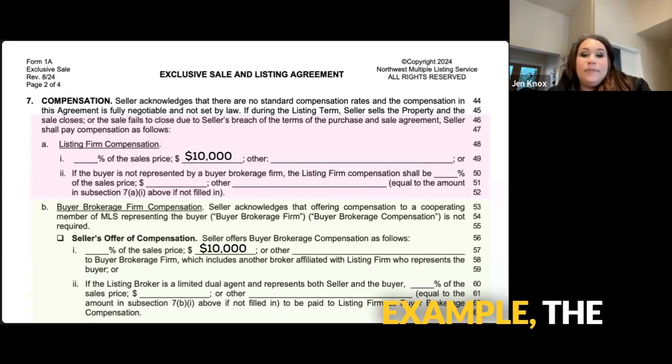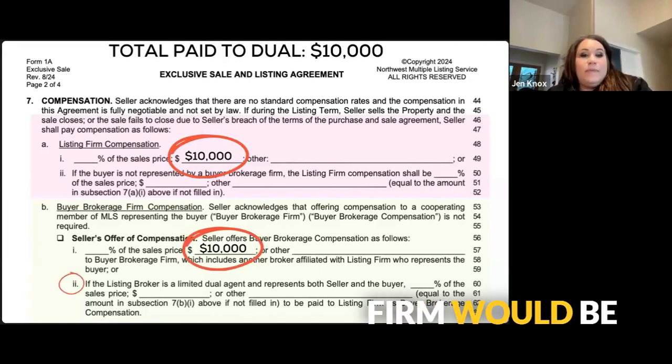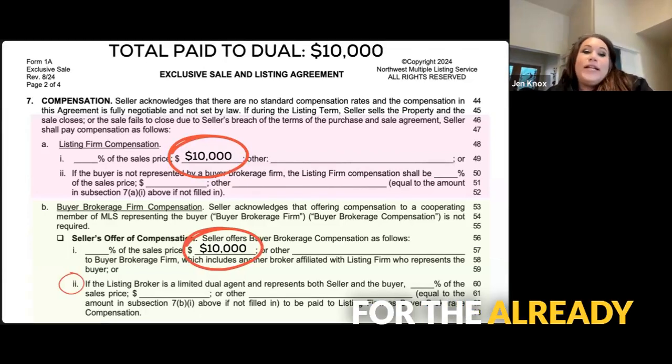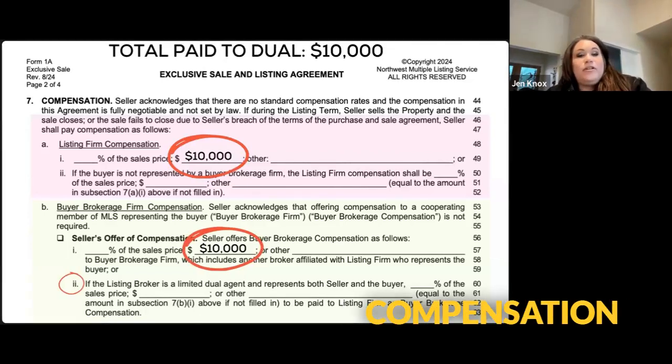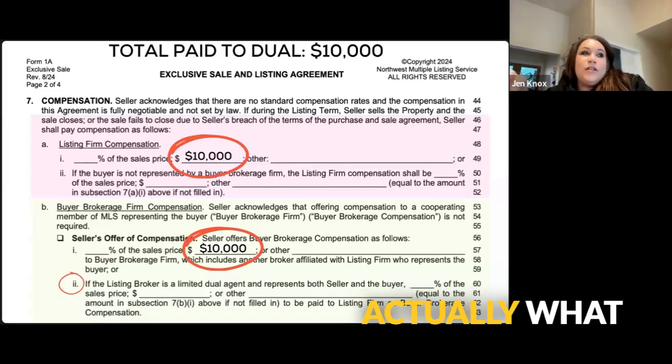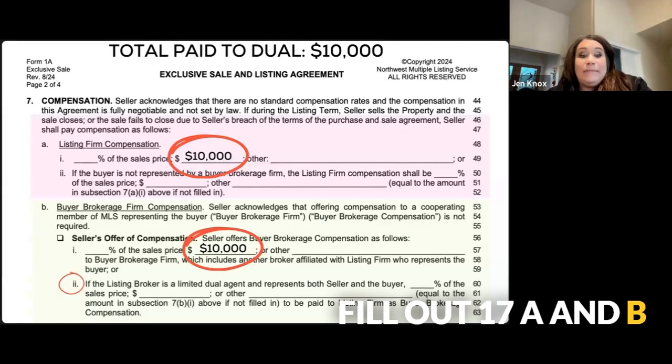So in this example, the $10,000 for the listing firm would be paid, as well as that agent bringing a buyer for the already decided buyer broker compensation offer of $10,000. Again, when we put this on our purchase and sale agreement, we need to make sure that what's being offered is actually what we're planning on being paid based on how we fill out 17A and B.